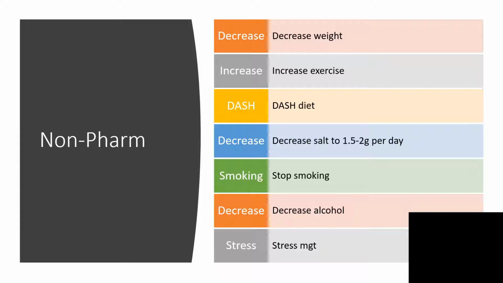Decrease your salt intake, please, to about 1.5 to 2 grams per day. Kindly stop smoking, and of course it will be helpful if you can decrease the alcohol intake and manage your stress appropriately.